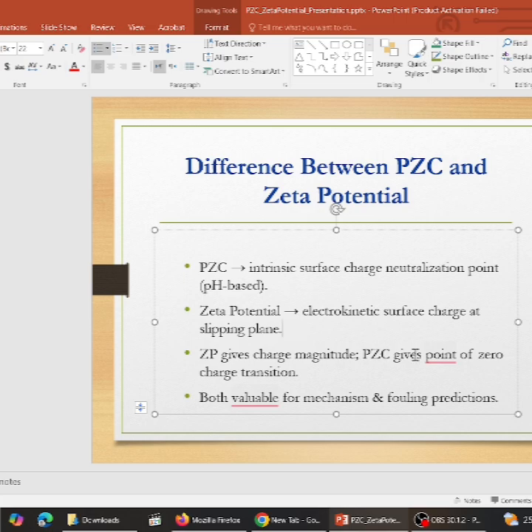Zeta potential is also defined as the effective electrostatic potential at the interface, and it can be found by electrokinetic phenomena such as electroosmotic flow, streaming current, and streaming potential measurements, or calculated from electrophoretic mobility measurements of the particles.